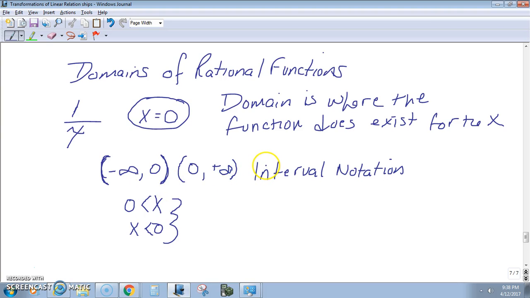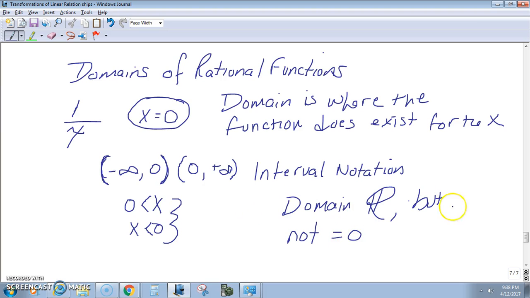If it's just one value where it doesn't exist in the domain, you can also say the domain is all reals, but does not equal, or except, 0.